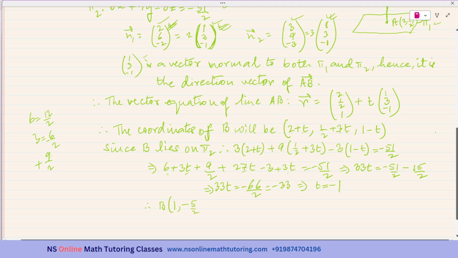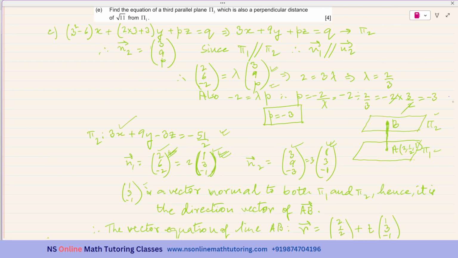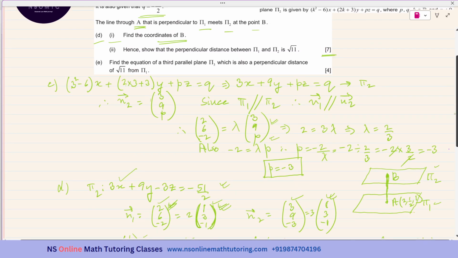And 1 minus t. t is minus 1, so minus t will be 1. So it is 1 plus 1 is 2. So these will be the coordinates of the point B, which is lying on the plane pi 2. Okay, this was actually the working of d, part (i).